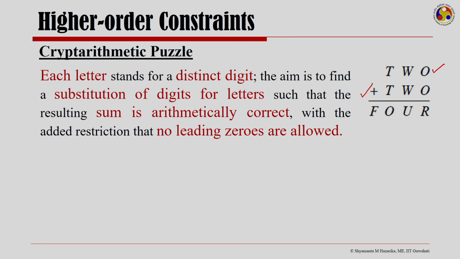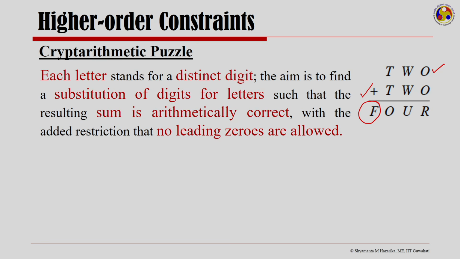We can find some substitution for the letters in terms of the digits such that the sum is arithmetically correct, with the added restriction here that the leading letter should not be 0.